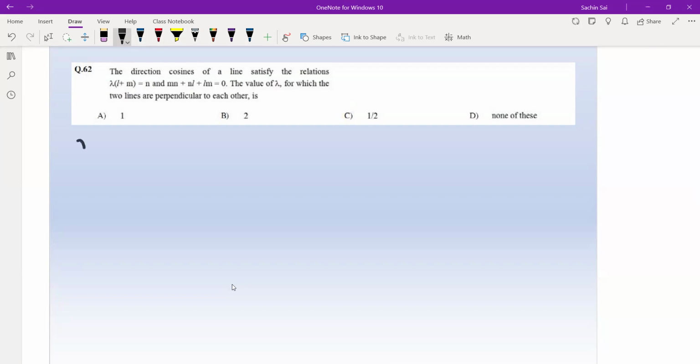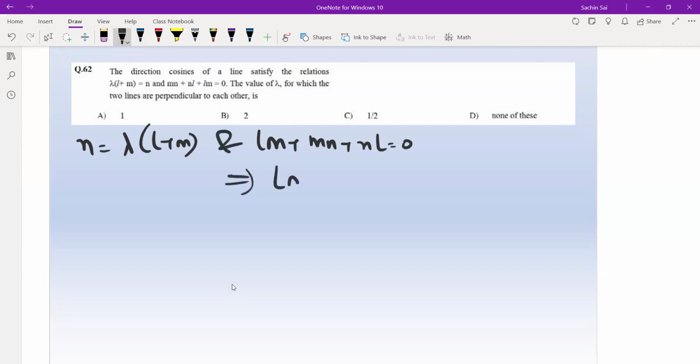So I have n equals lambda times (l plus m). This I will substitute in lm plus mn plus nl equals 0, right? So that means, from here I can write lm plus (l plus m) times n, and in place of n, I will write lambda times (l plus m), equals 0.